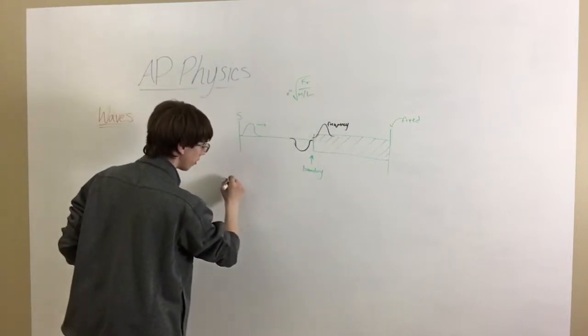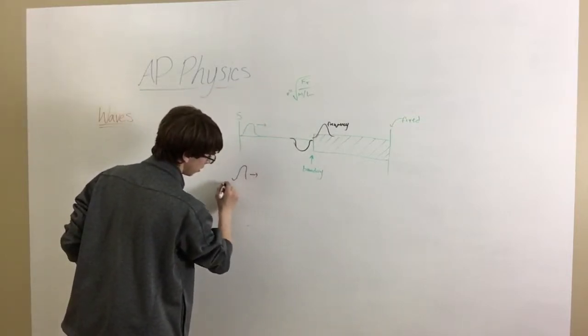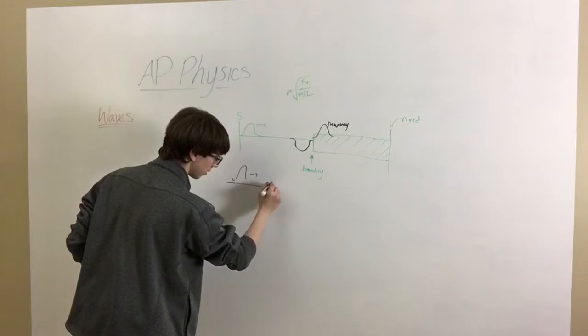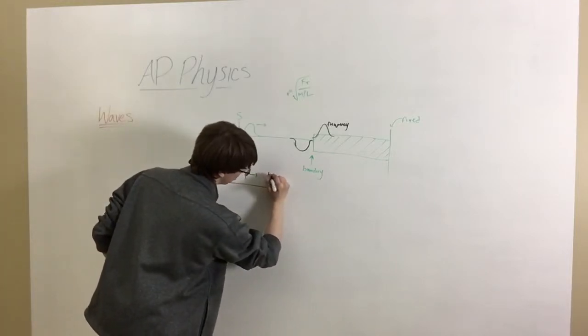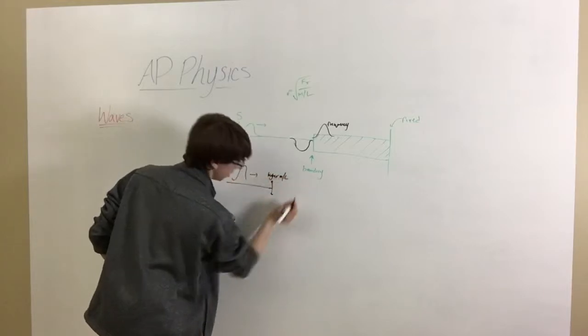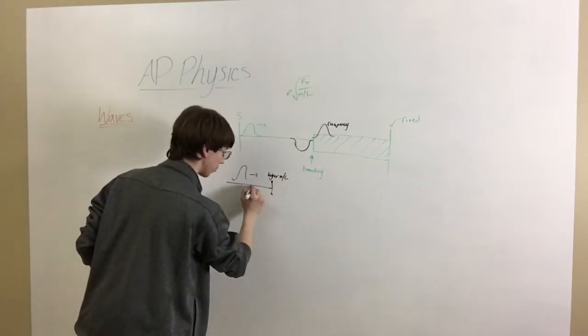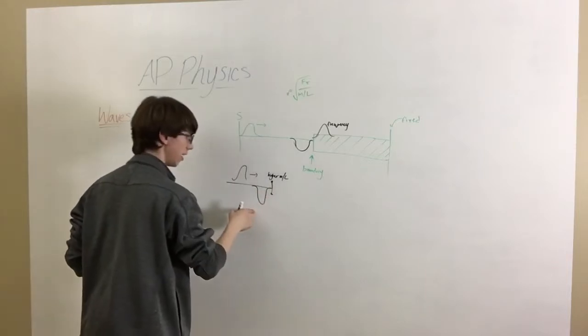When a wave reaches a medium, or a point at all, of higher linear mass density, then the wave is going to come back inverted.